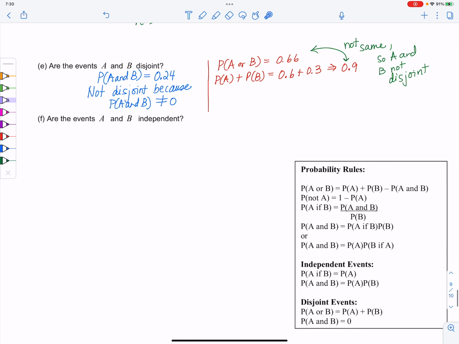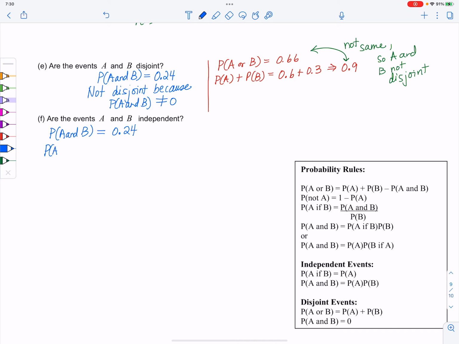And then the last question: are the events A and B independent? Same idea. Here are the formulas. If the events are independent, then these two things must be true, and you only need to show one of them. So I'm going to show it with the second one here. The probability of A and B should be equal to the probability of A times the probability of B. Well, we know the probability of A and B is 0.24.